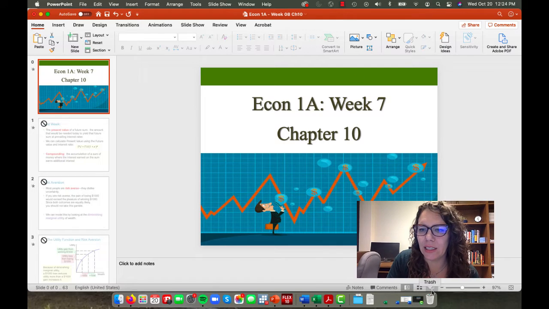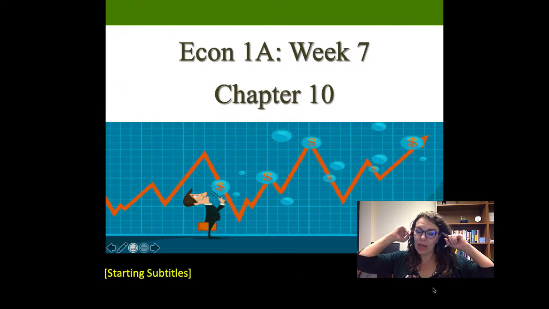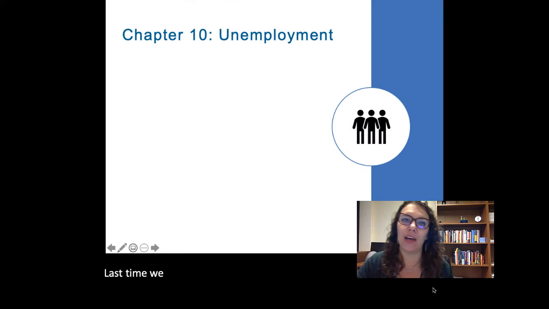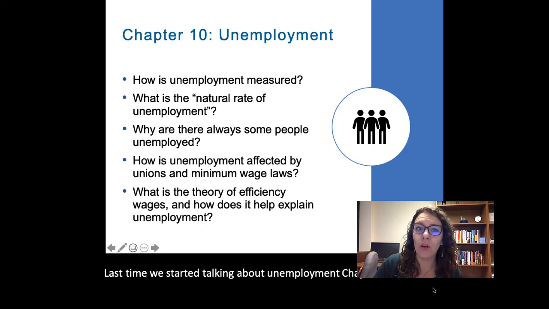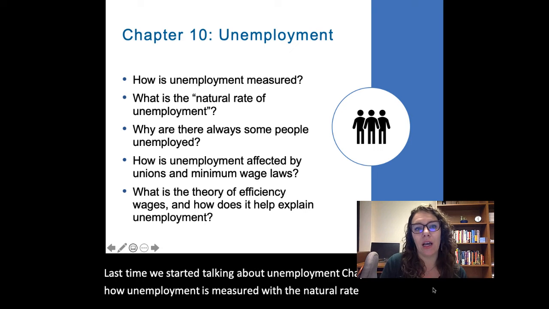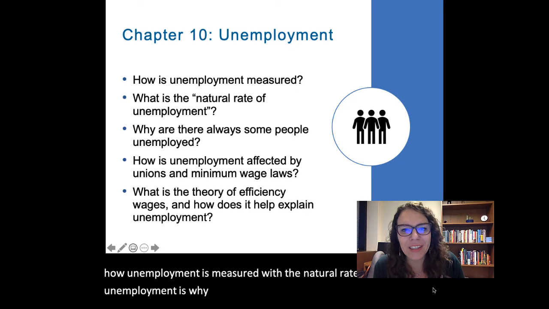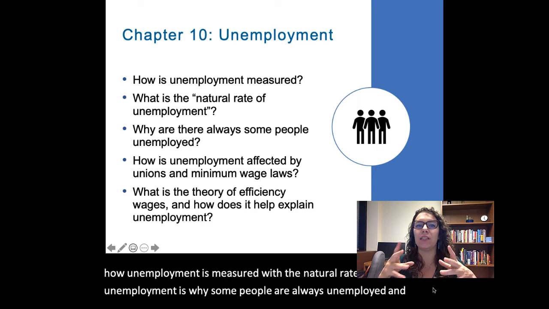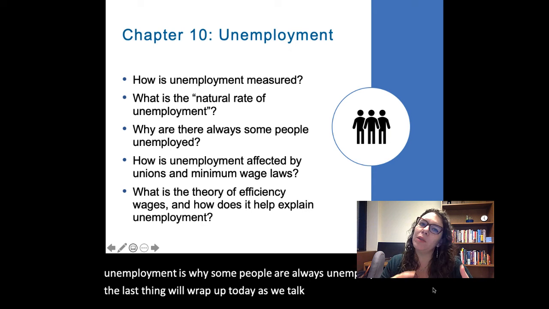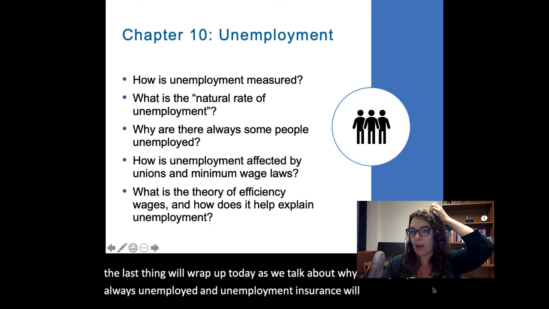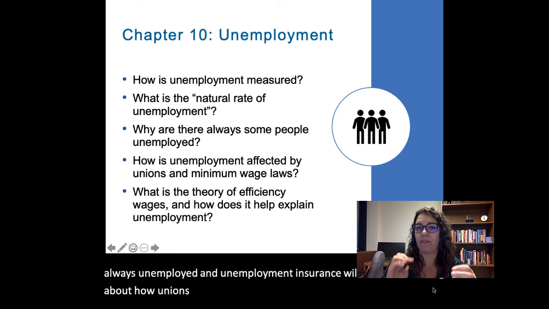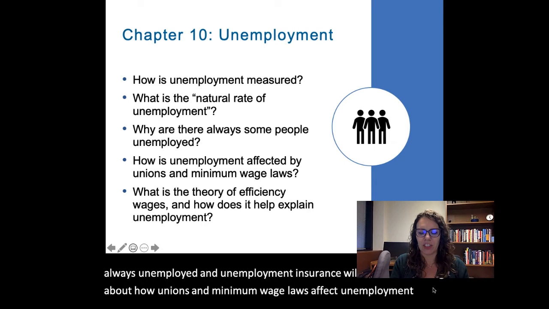All right, let's get into it. So last time we started talking about unemployment. Chapter 10 tells us how unemployment is measured, what the natural rate of unemployment is, why some people are always unemployed, and then the last thing we'll wrap up today is unemployment insurance. We'll move into talking about how unions and minimum wage laws affect unemployment. And it's a bummer to not have this conversation with you guys.